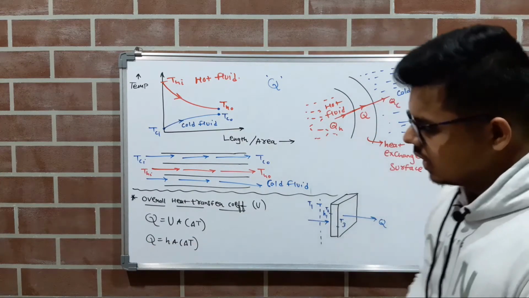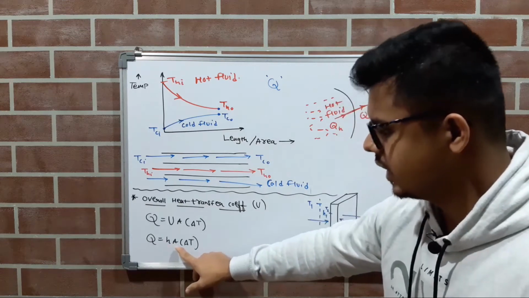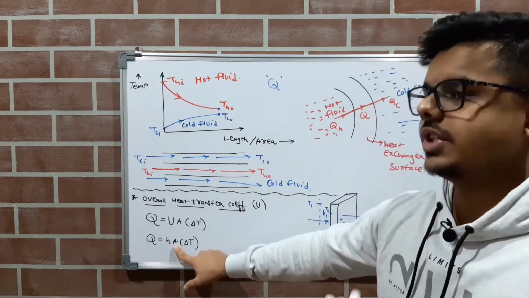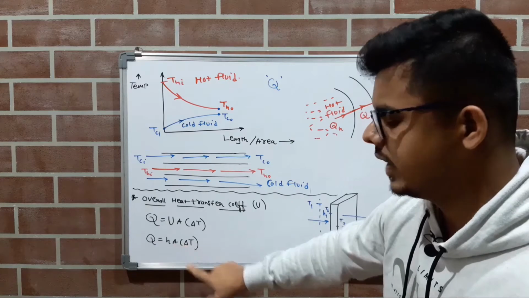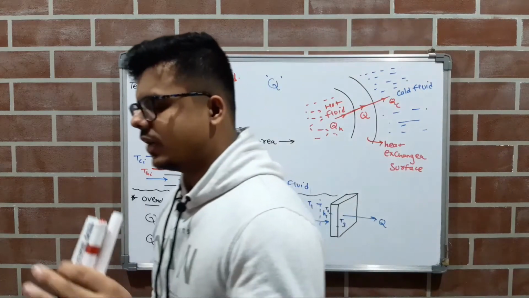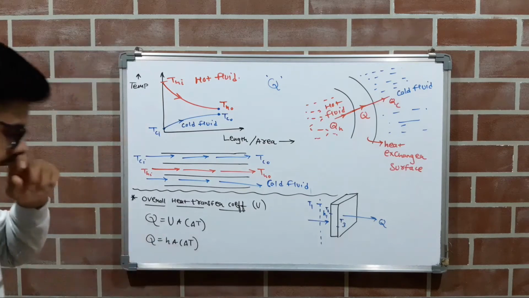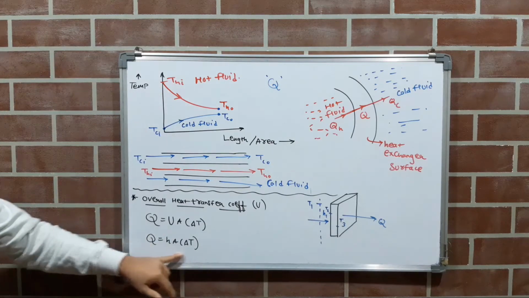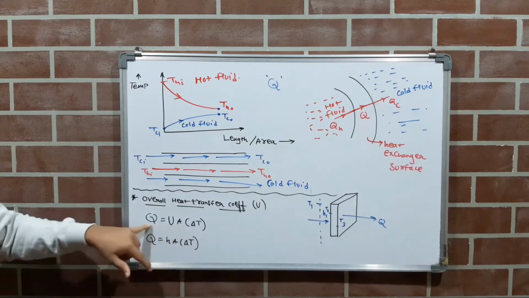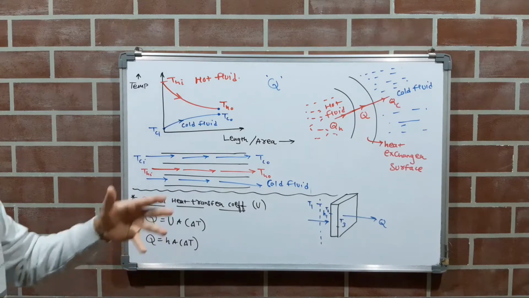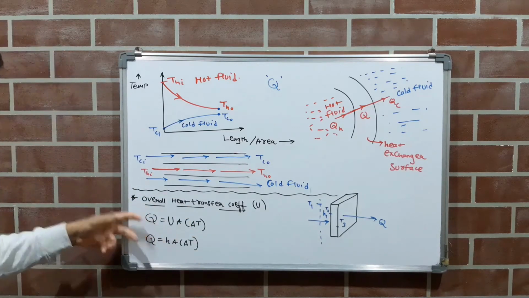Here h is the heat transfer coefficient, A is the area which is exposed to the fluid, and delta T is the temperature difference between the fluid and the surface where the heat transfer is occurring. So in which situations will we use these formulas?